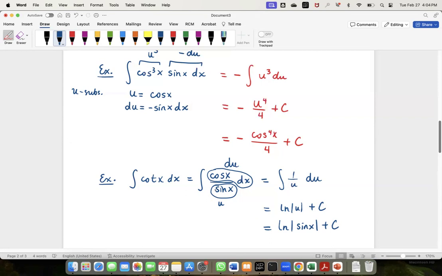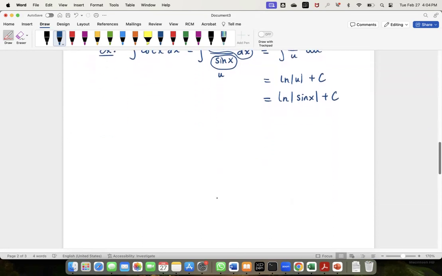Now, one more example, just the last example I'll go over is the antiderivative of x times secant squared 4x squared dx.